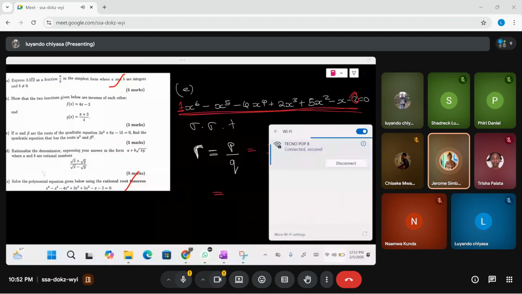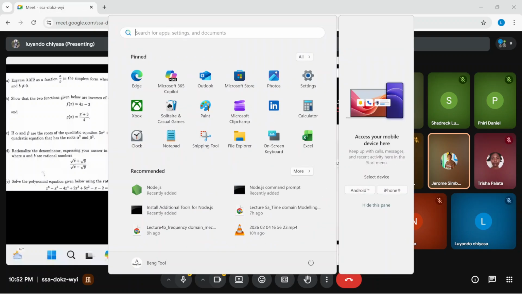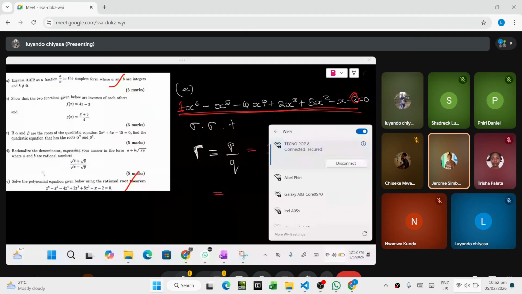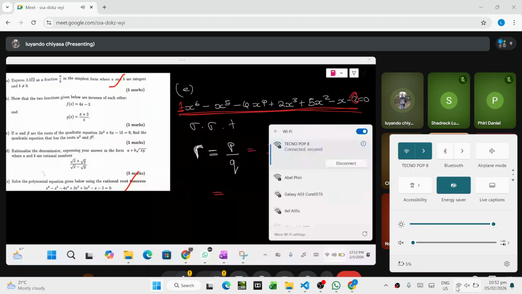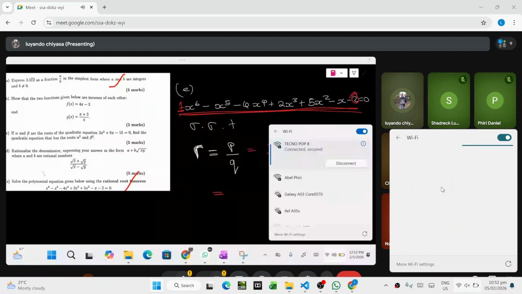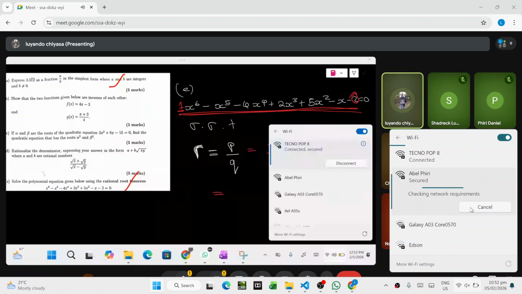I'm trying to switch. How about now? I'm switching to a different phone.